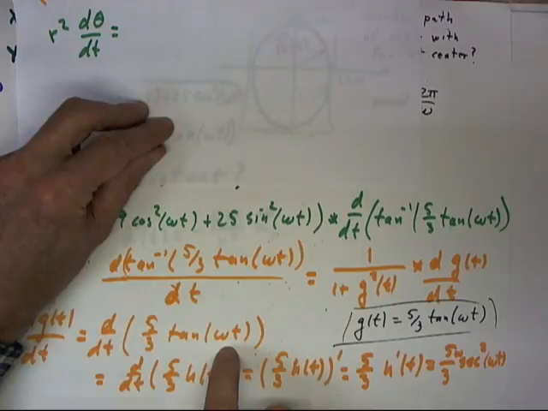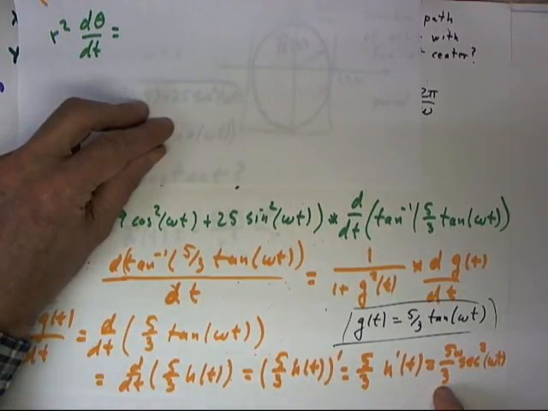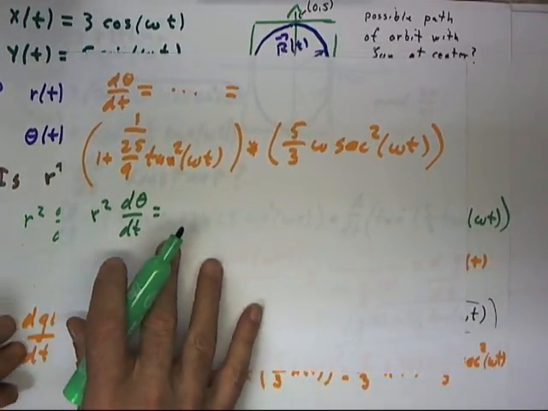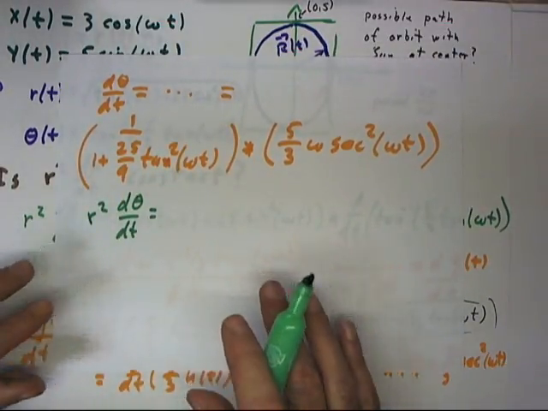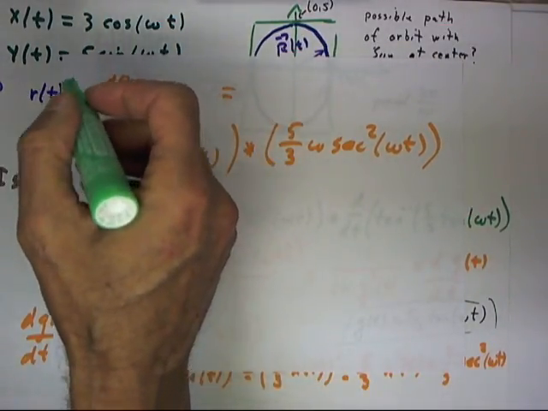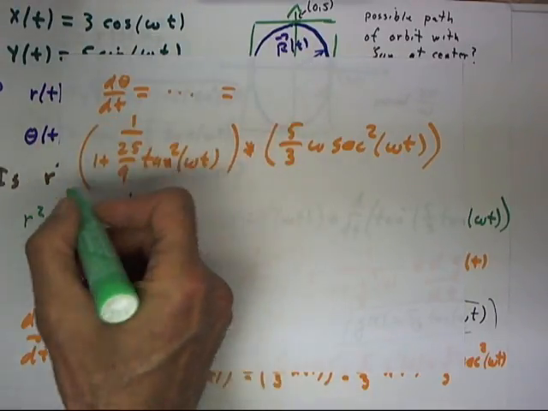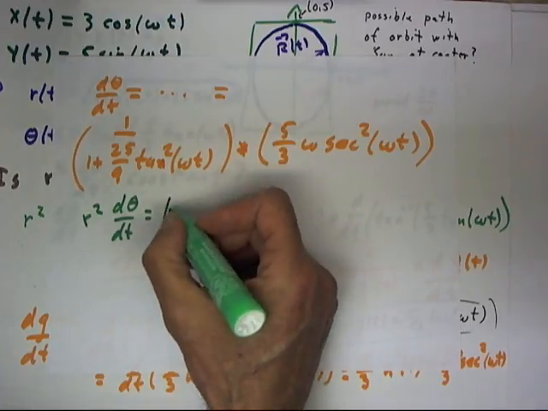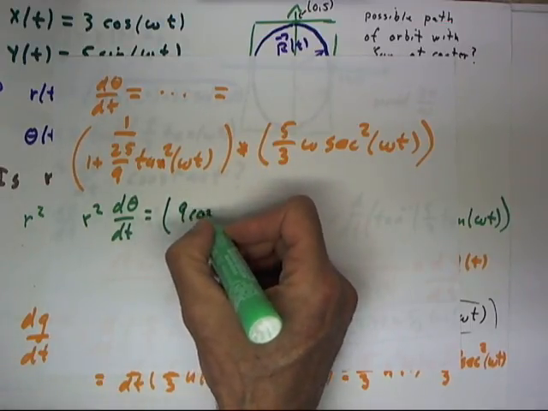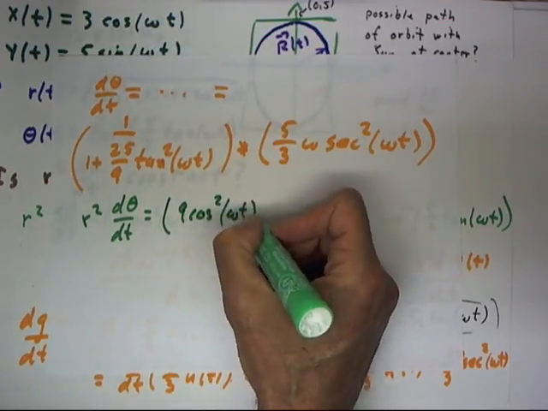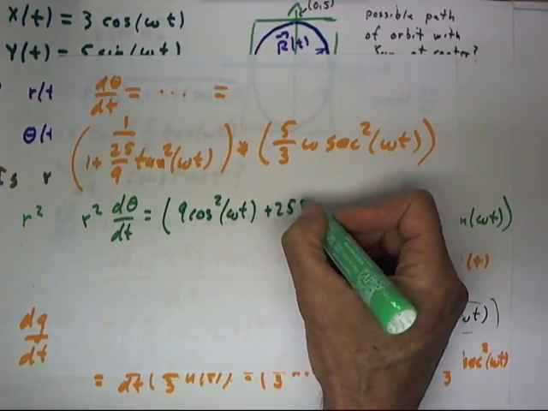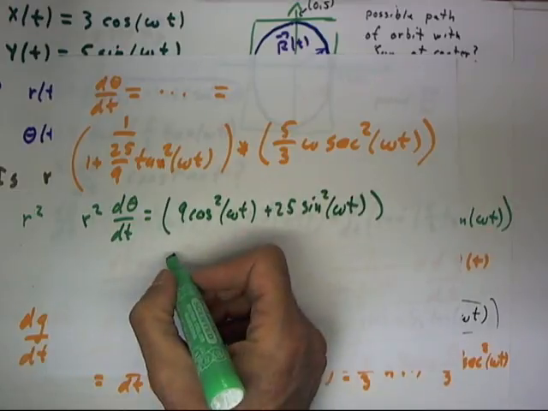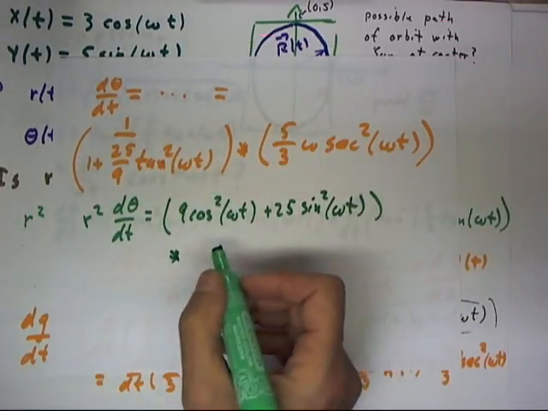The inner function is omega t, and we end up with 5 omega over 3 secant squared of omega t. And we put that together into our expression for d theta dt. We get this, so that r squared d theta dt is 9 cosine squared of omega t plus 25 sine squared of omega t multiplied by all this mess.